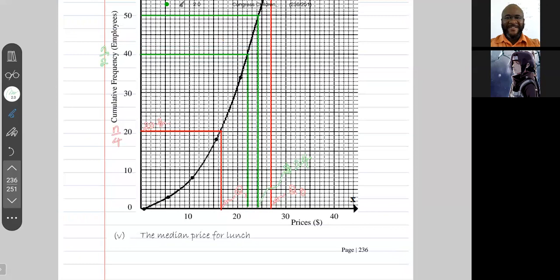Q2, the median, is actually $22. The median price for lunch is $22.